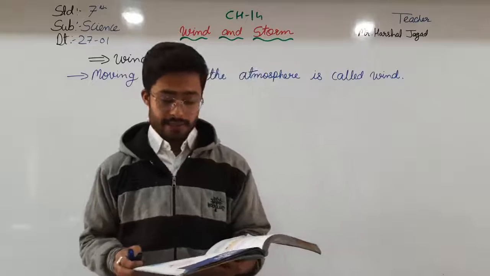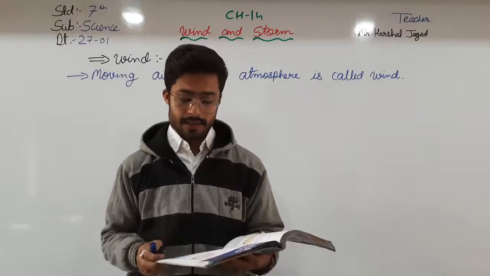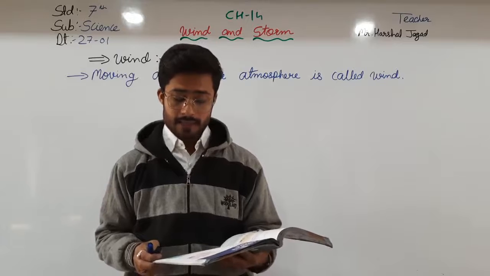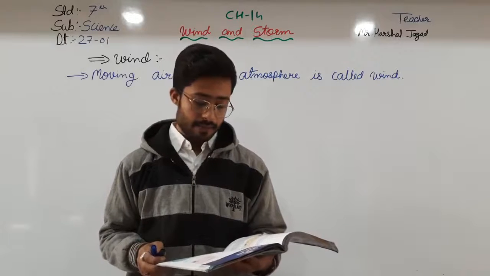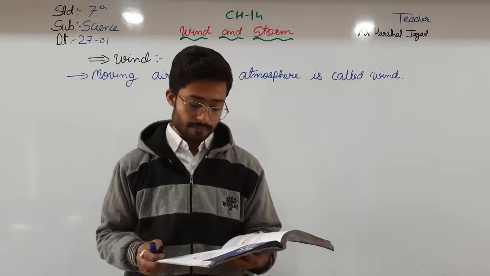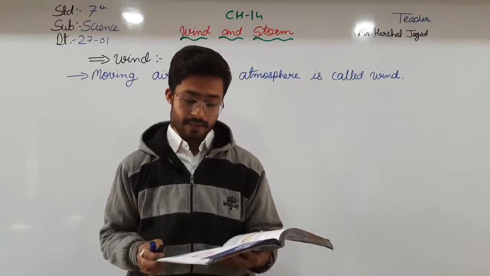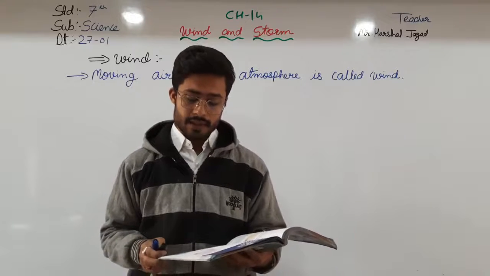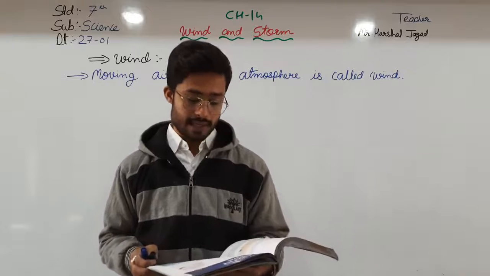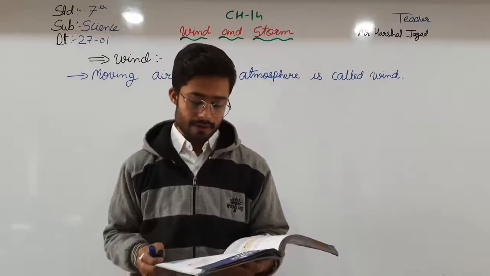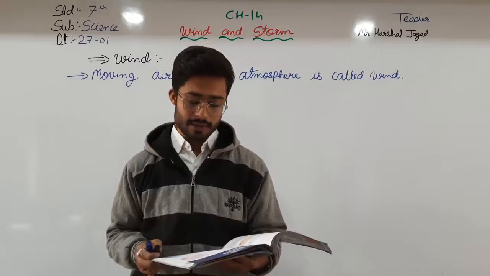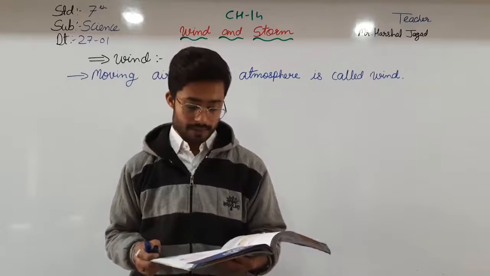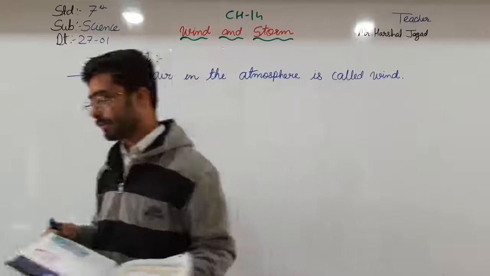Air expands on heating. As air gets warmer, its particles spread out. The reverse happens when air cools down. Its density increases and it becomes heavier. Thus, due to uneven heating of the earth, as warmer air rises, cooler air from the surrounding rushes in to take its place. This is how wind blows.